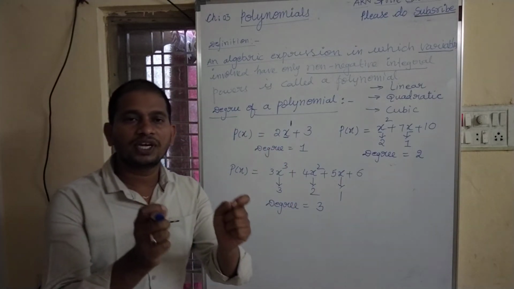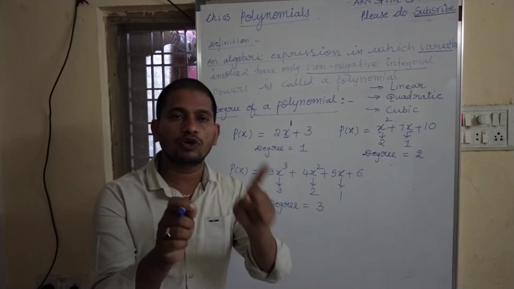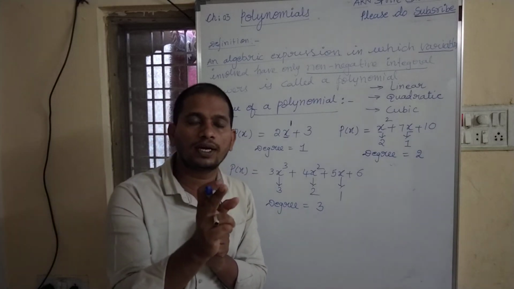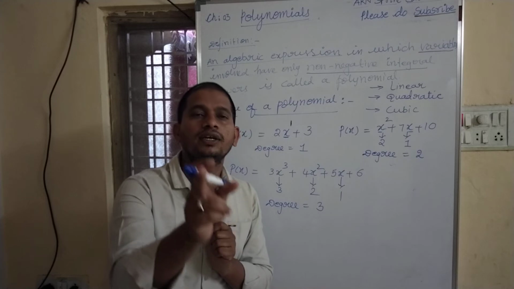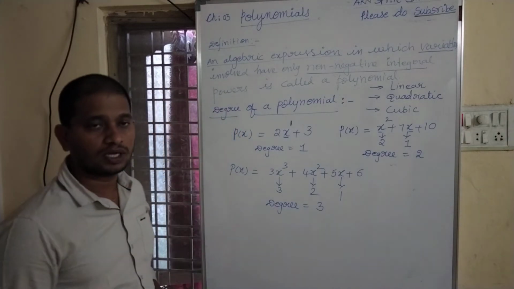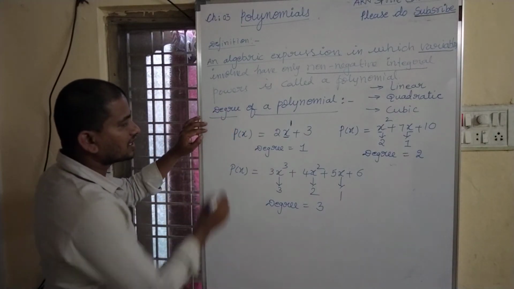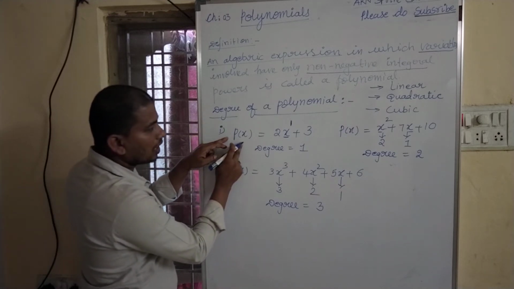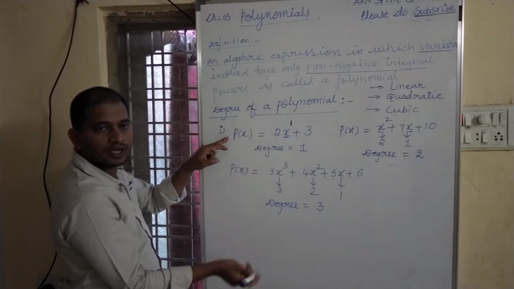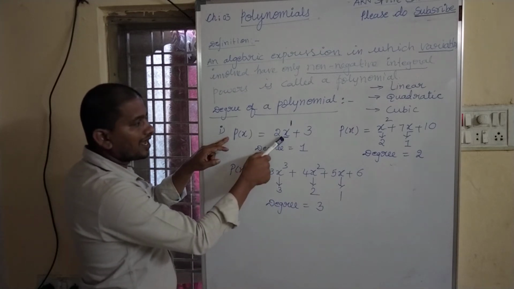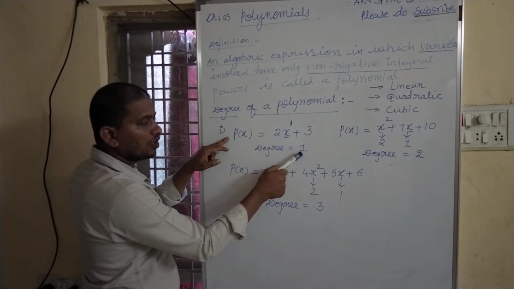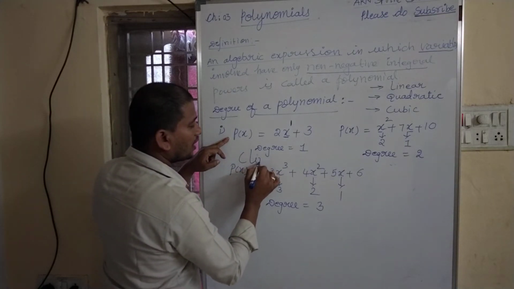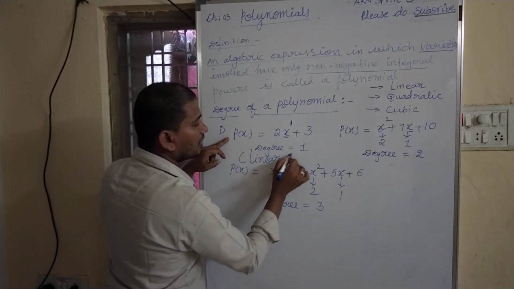Students, if the degree of the polynomial is equal to 1, then we can say that it is a linear polynomial. In example 1, the given polynomial is 2x plus 3, and what is the degree? Here the highest power is 1, so degree equal to 1. Hence it is called a linear polynomial.